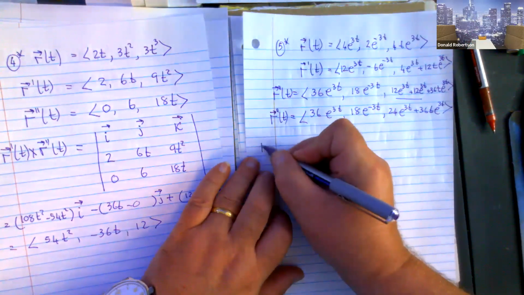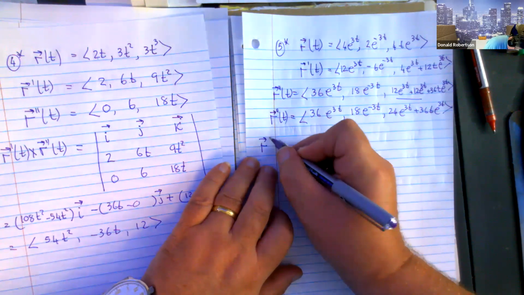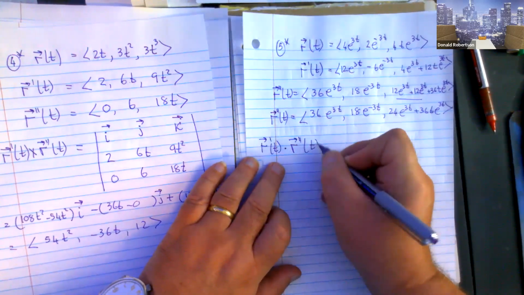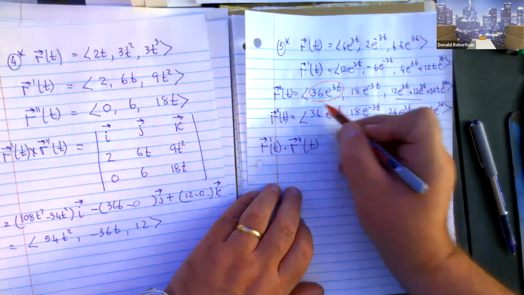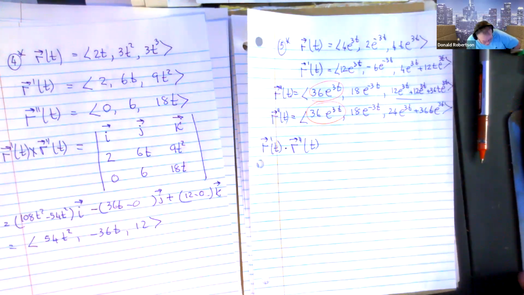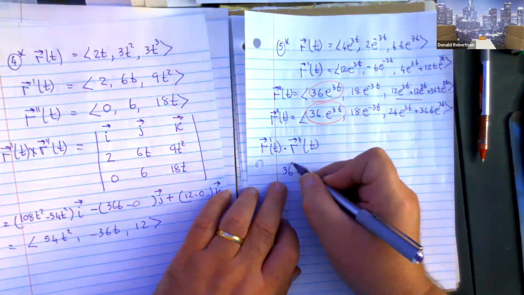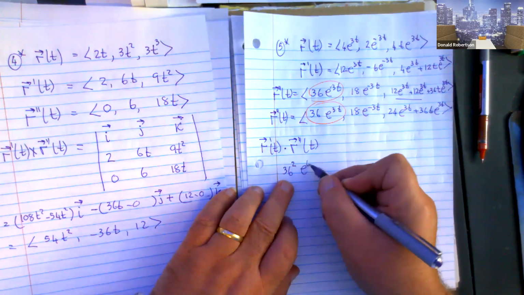You are now going to be asked to find the dot product of the first and second derivative, which means this guy here times this guy here. 36 squared, it's whatever 36 squared is, and you multiply these together, you just combine the powers, so that's the first one.